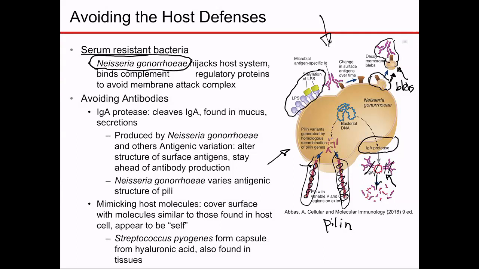And I already mentioned to you that this is where this bacteria infects a lot of different mucosal tissues: the eyes, the conjunctiva, the mouth, the genitals, anal, different mucosal tissues where IgA is important in order to neutralize this bacteria. But because the bacteria produces this enzyme that destroys the IgA, now the bacteria can survive there.